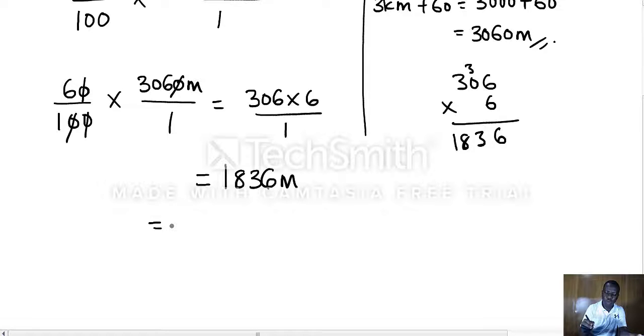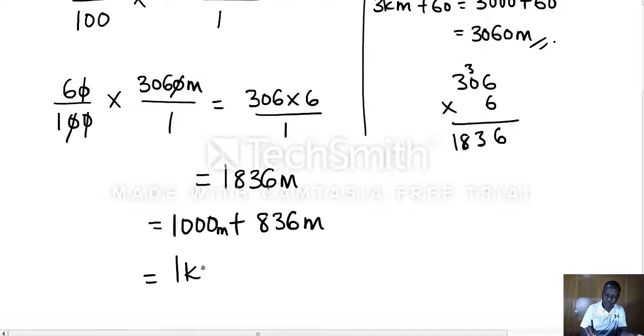But we know that 1,000 meters is equivalent to 1 kilometer. So I'm going to express this as 1,000 plus 836 meters. So this is equal to 1 kilometer 836 meters.